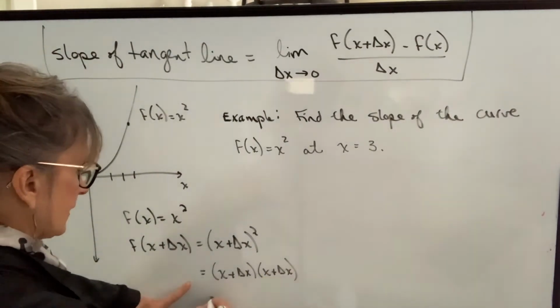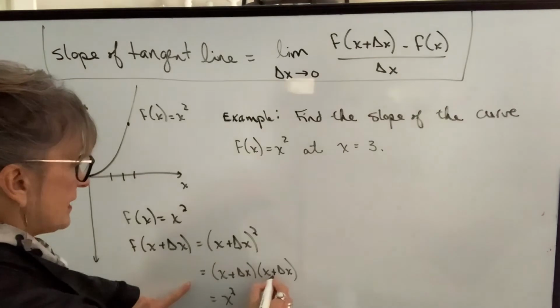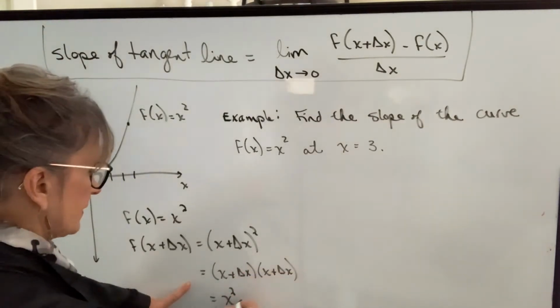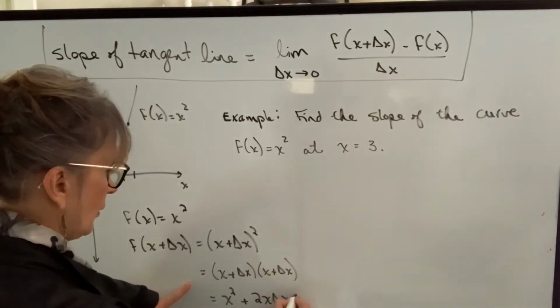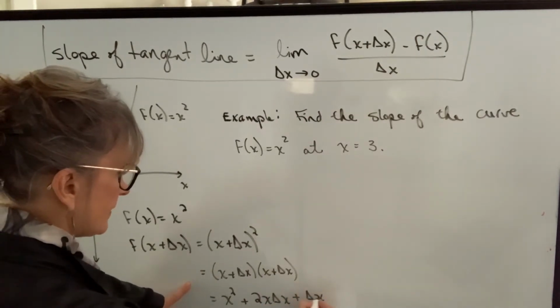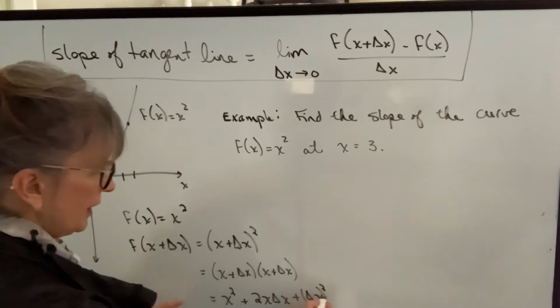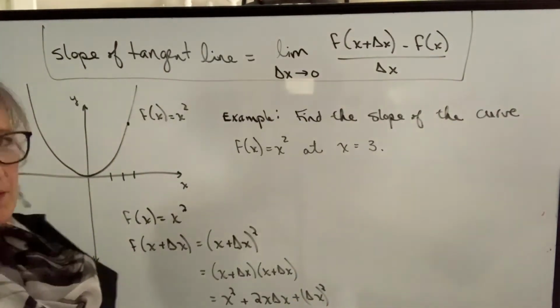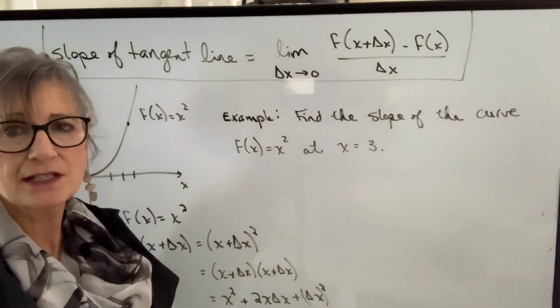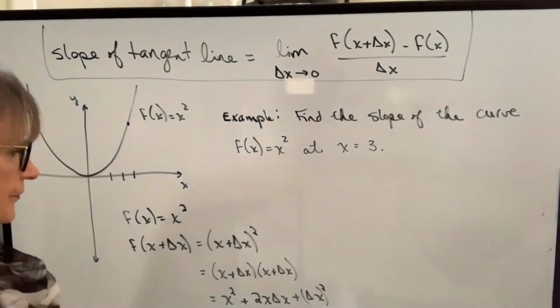I FOIL that and it will be x squared plus x times delta x plus x times delta x, so there's 2 of them, plus delta x squared. We don't need brackets there because it's usually understood that when you see delta x, it means one variable. It represents a change in x, which is one variable.